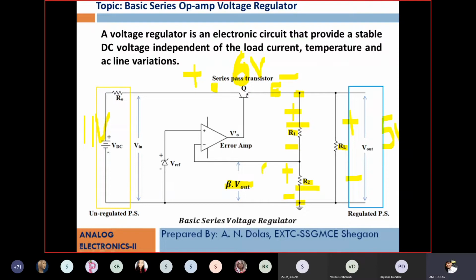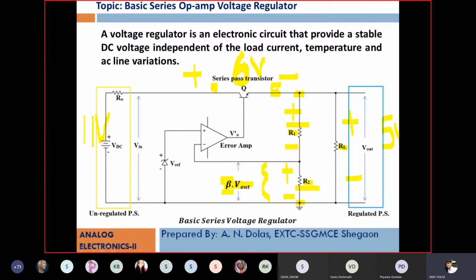Whenever we calculate the voltage across R2, it is obtained by the voltage division rule, that is R2 upon R1 plus R2 into Vout, where R2 upon R1 plus R2 is referred to as the feedback factor beta.